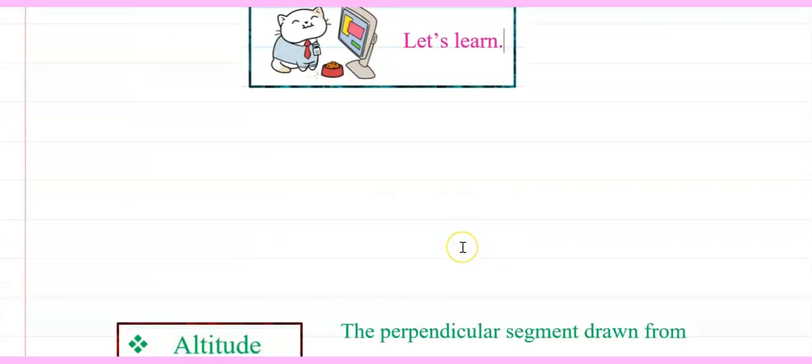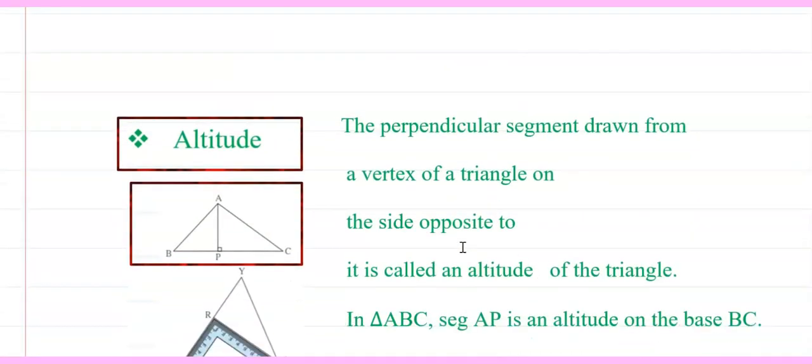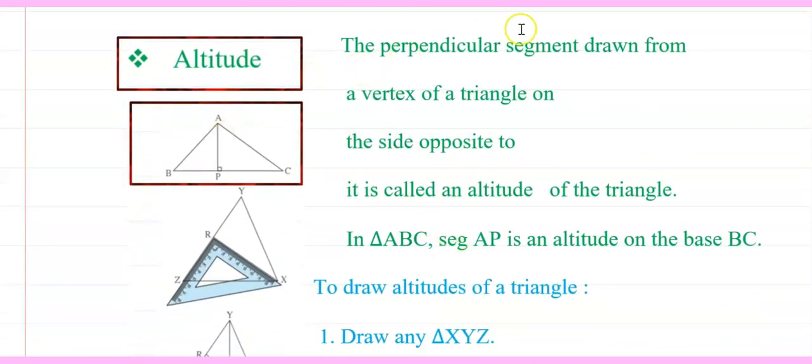Now in this standard what you are going to learn is the altitudes. The perpendicular segment drawn from a vertex of a triangle on the side opposite to it is called an altitude of the triangle. Triangle ABC is a triangle.